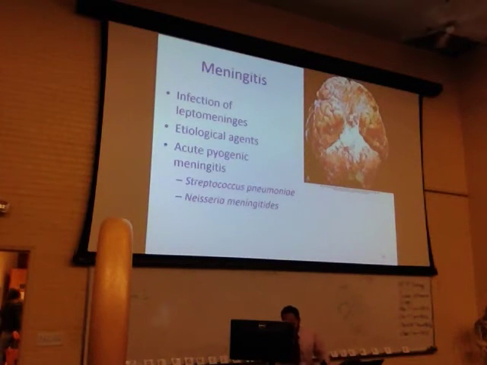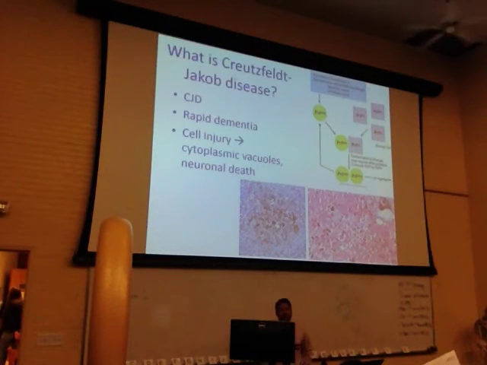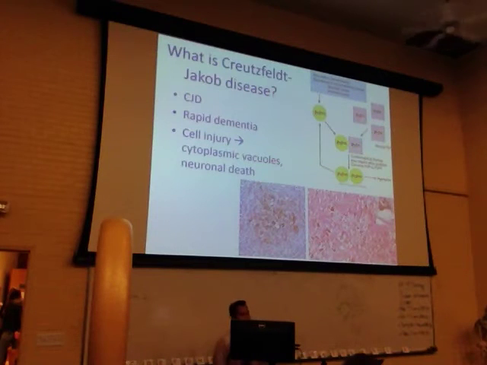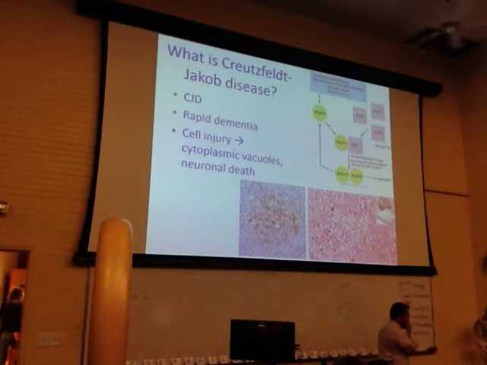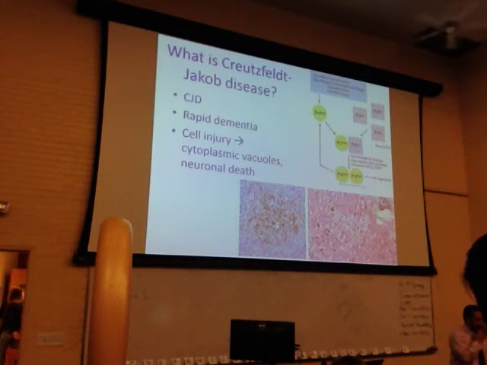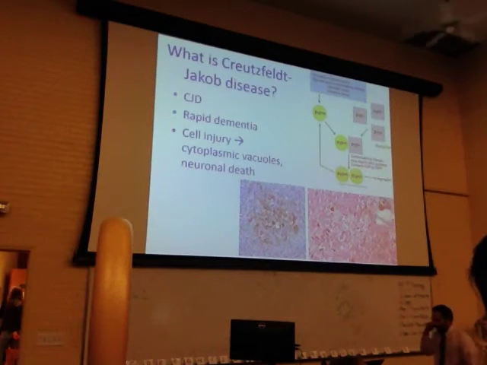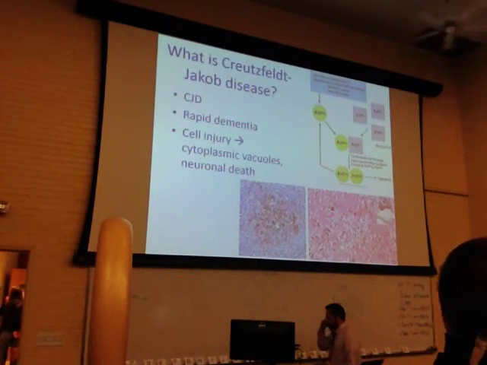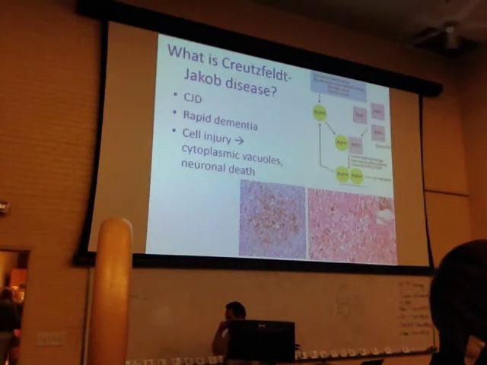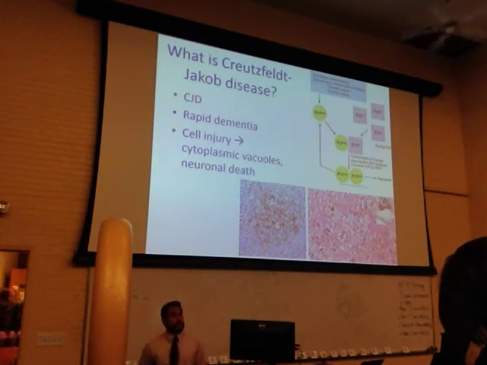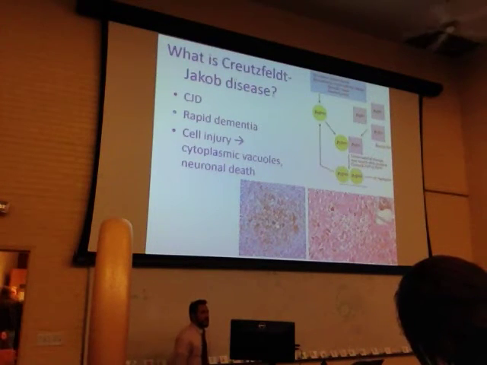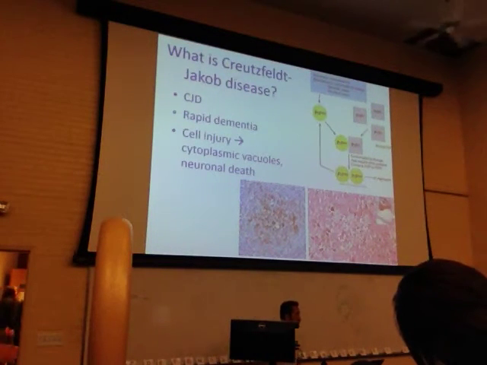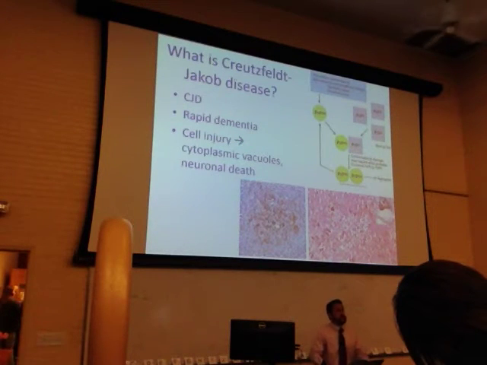Meningitis. The next one up that we're going to talk about is Creutzfeldt-Jakob. Creutzfeldt-Jakob is a very interesting disease. What we're learning now about a lot of neurological disorders that target the brain is there's an awful lot of mutated prion activity associated with it. So what are prions? Prions are cellular proteins.